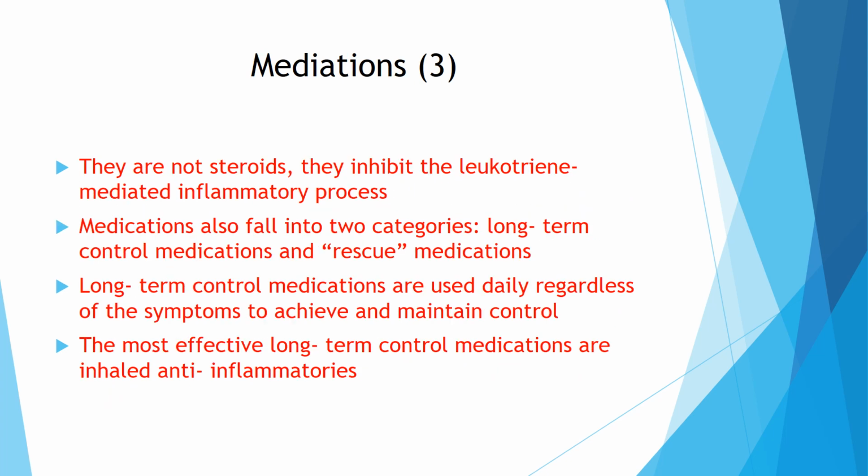And please remember that these leukotriene drugs are not steroids, but they will inhibit the leukotriene-mediated inflammatory process. Because remember, what we're trying to do is take down this inflammation as quickly as we can to open up that airway.